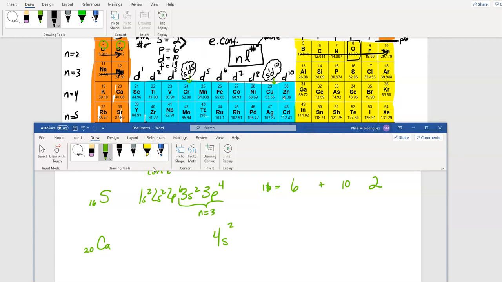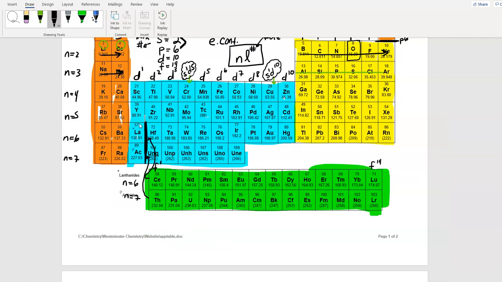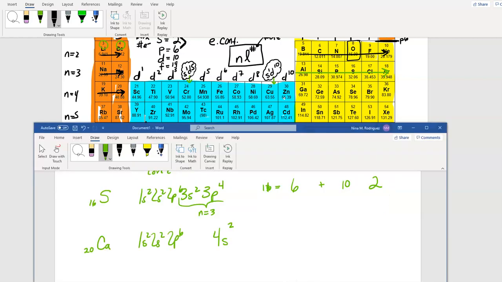Okay. His valence electrons are in the 4s2. But what's the beginning of the story? Same as before. 1s2, 2s2, 2p6, and then right here, 3s2. And now we have to fill all these up before we can get over here to Mr. Calcium.